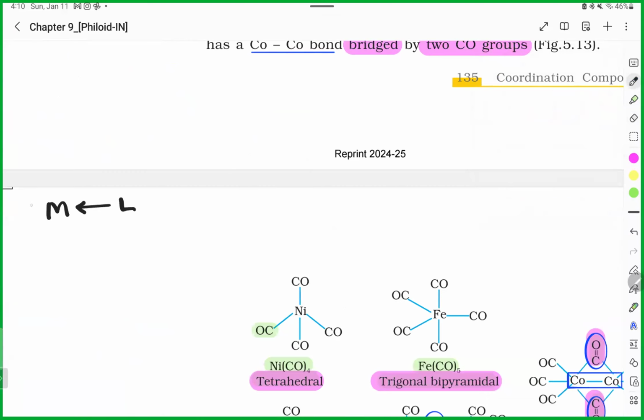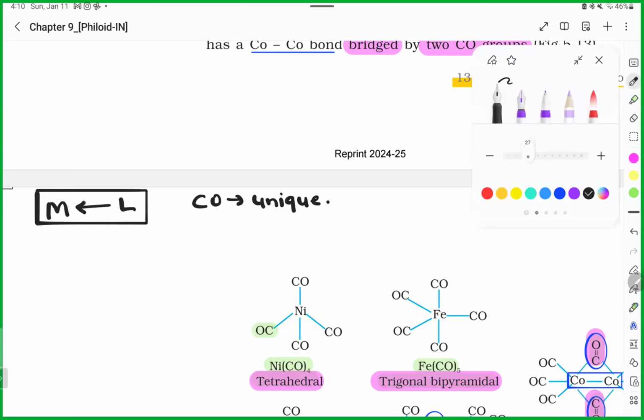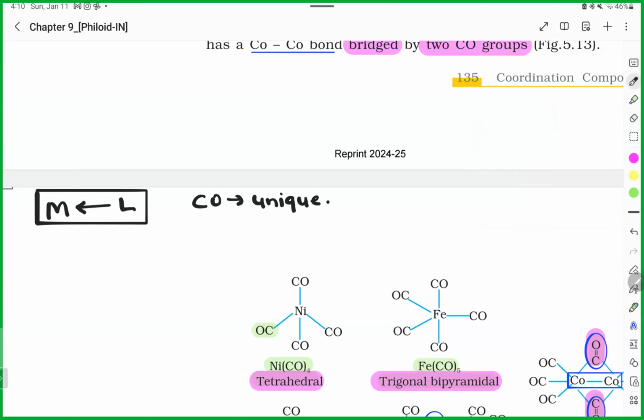That is what happens in coordination in all ligands and metals. But carbon monoxide is unique. Why? In this case, you have both sigma bond as well as pi bond. Normally, this bond is only a sigma bond.